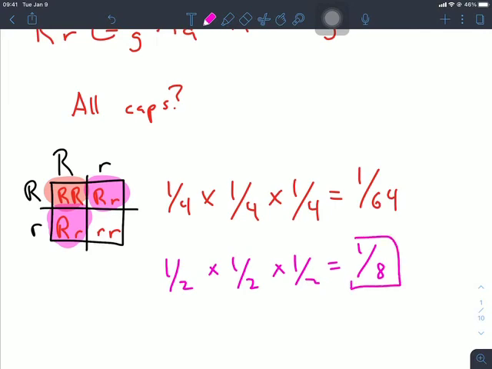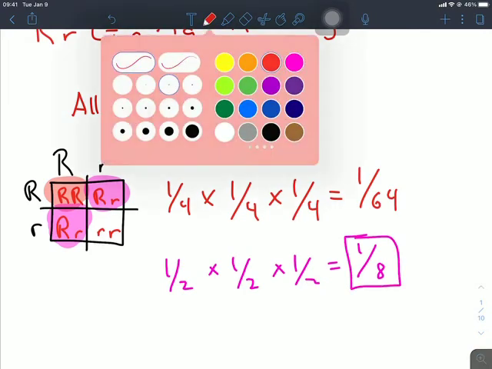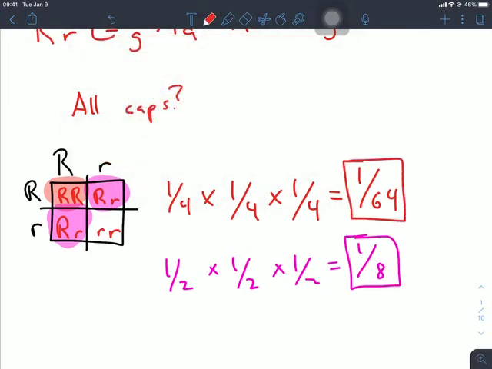Now 1/8 is much, much larger as a number than 1/64th. And that's because you have twice as much probability, two times as many ways of producing these heterozygotes as you do with your homozygotes.